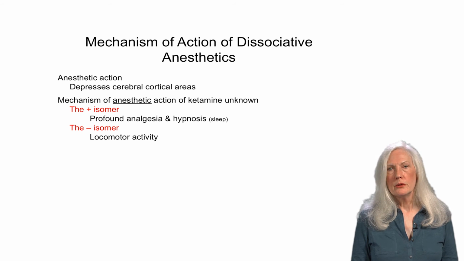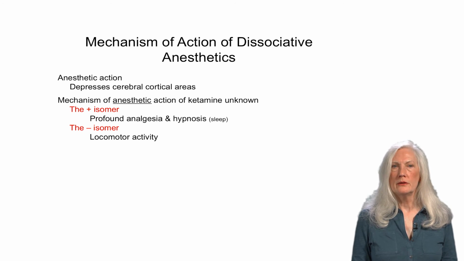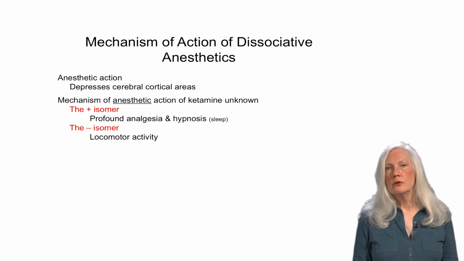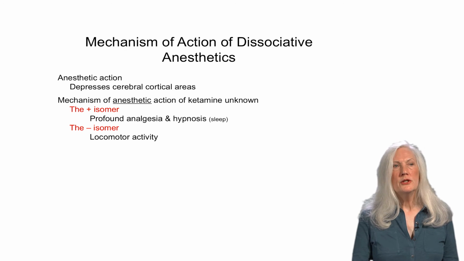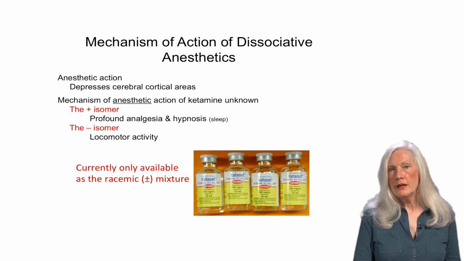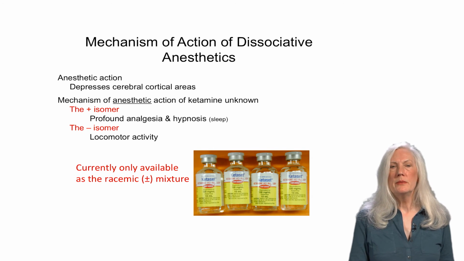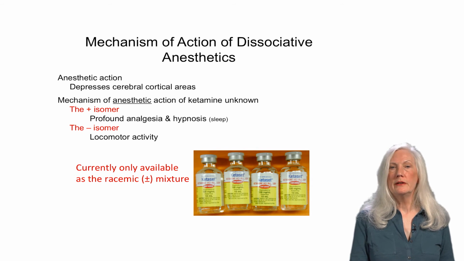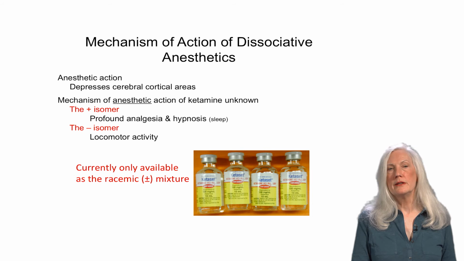The plus isomer produces a profound analgesia and hypnosis or sleep, whereas the minus isomer is responsible for locomotor activity and nystagmus. Injecting the plus isomer only would produce a smoother anesthetic episode, but unfortunately, ketamine is currently only available as the racemic, that is the plus-minus mixture.